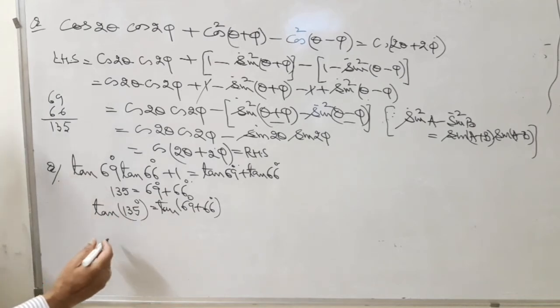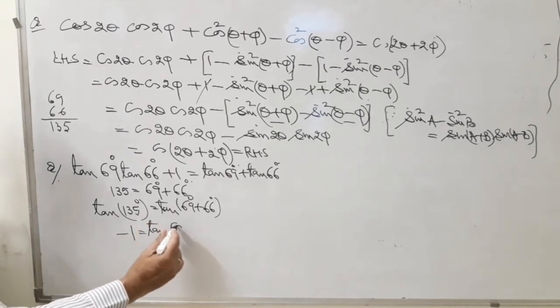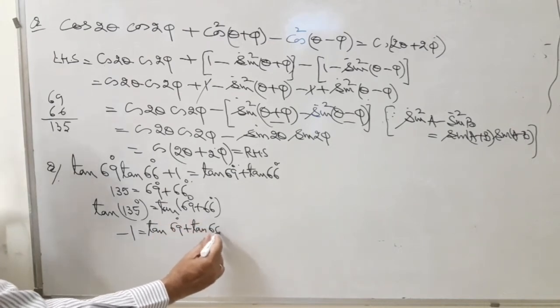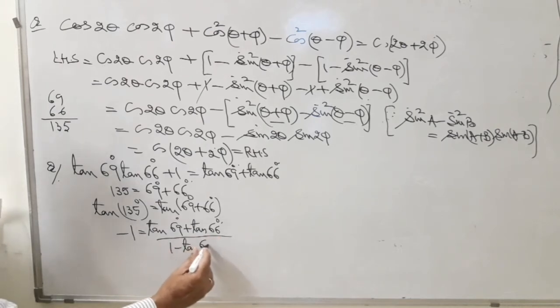Now tangent 135 degrees is minus 1, 180 minus 45, which is tangent of 69 degrees plus tangent of 66 degrees over 1 minus tangent 69 tangent 66 degrees.